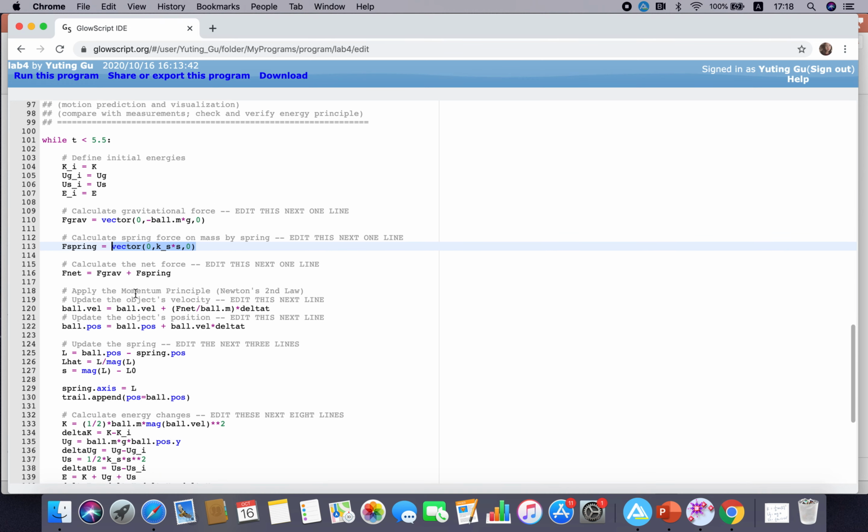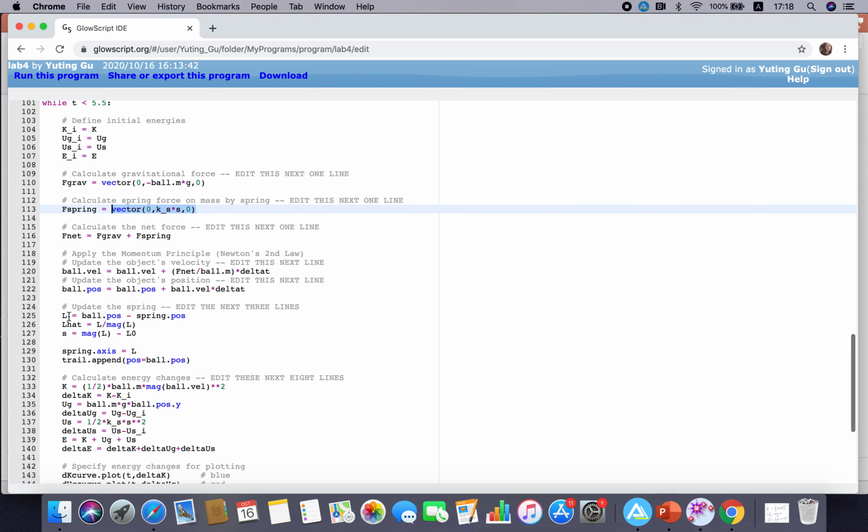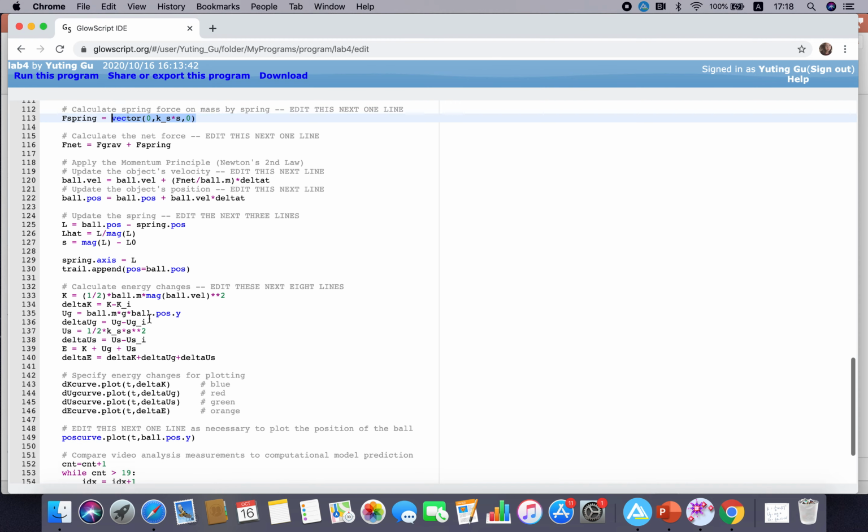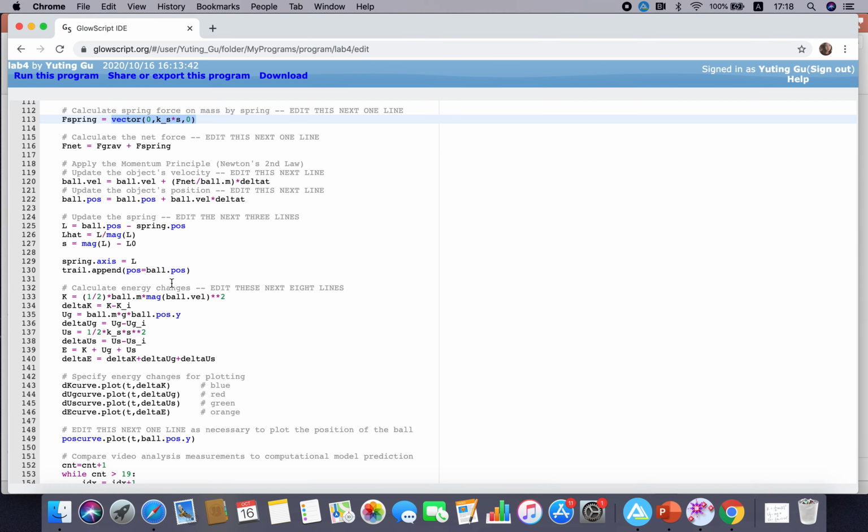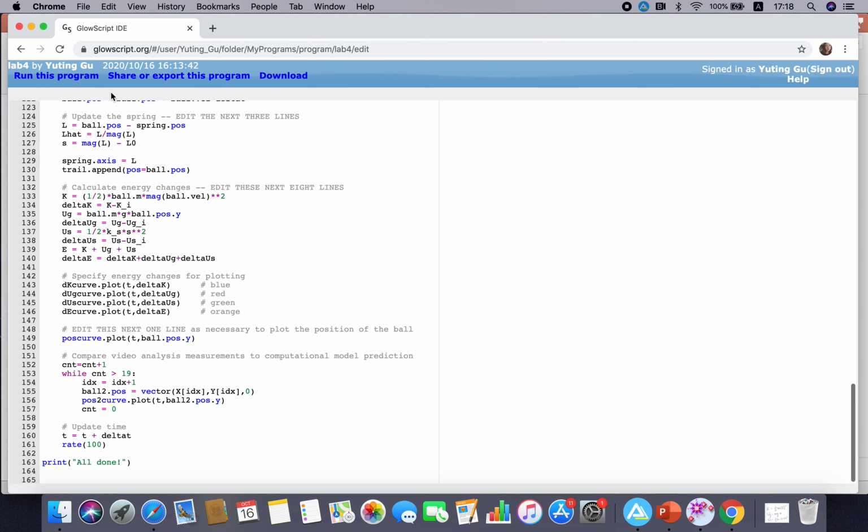I then apply Newton's second law to update the ball's velocity and position, and also update the spring. Then I calculate the energy changes, so delta K, delta UG, delta US, and the total changing energy equals the sum of the three energy changes.